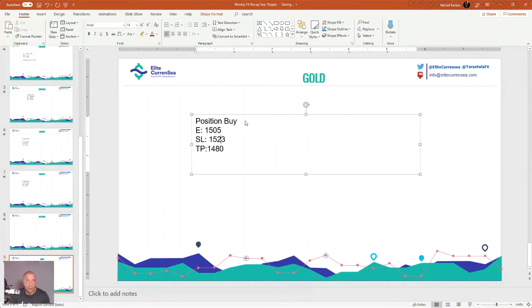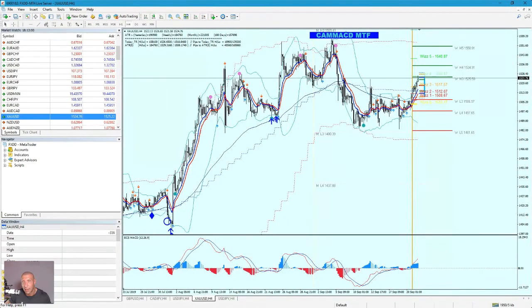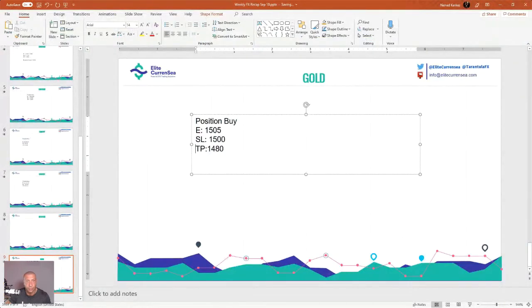I would say 1500 is a stop loss, and the target here is 1540. It's going up, guys. It's a nice uptrend.